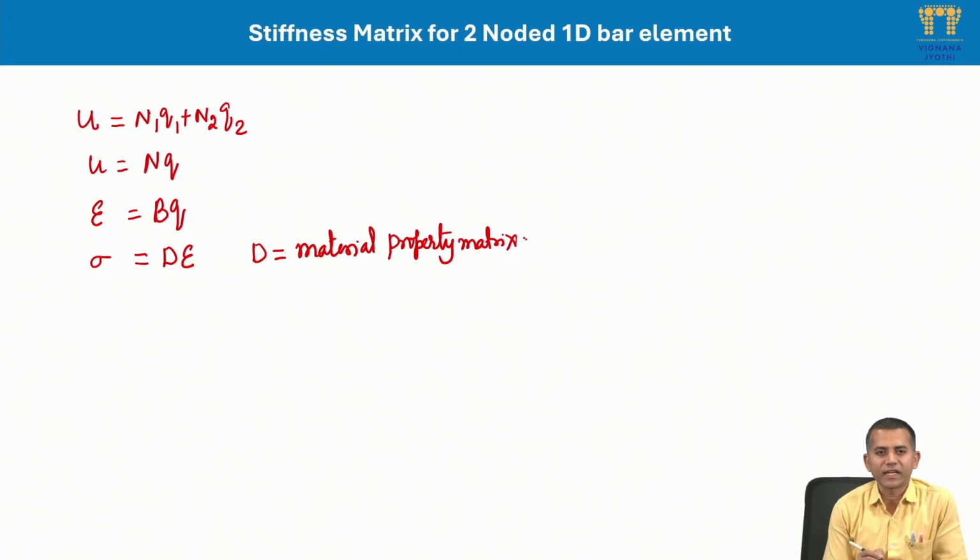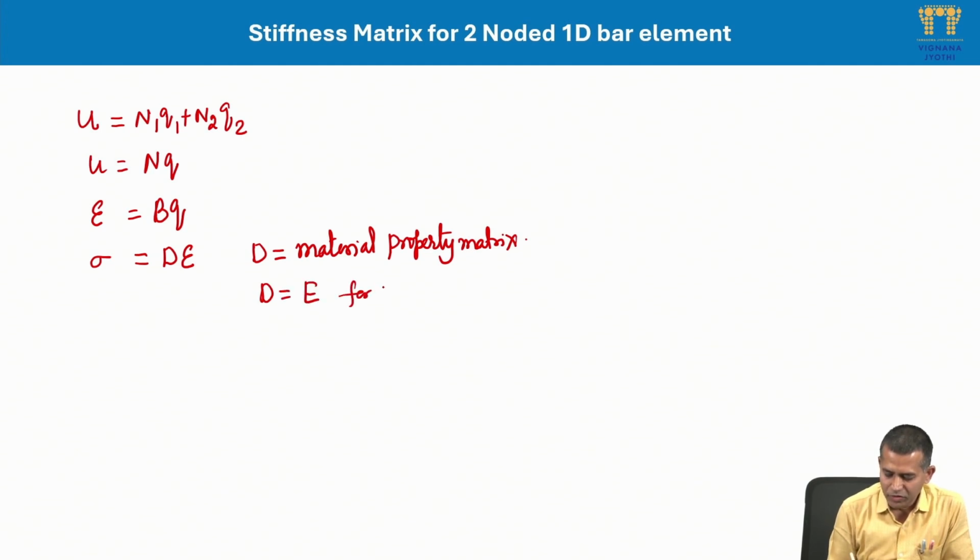If you are considering a one-dimensional element, then D will become the Young's modulus, which is the only material property. So I can write stress is equal to E into strain, which is equal to E into B into Q.